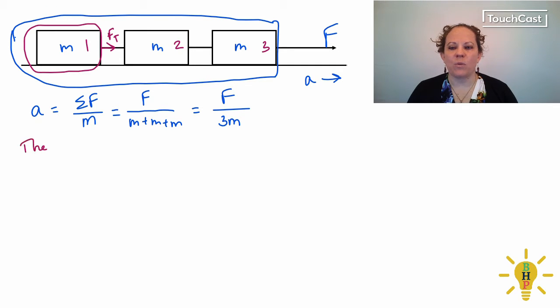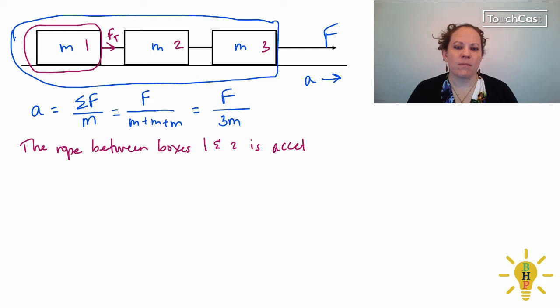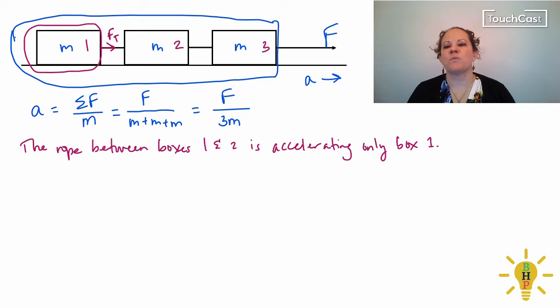So the rope between boxes 1 and 2 is accelerating only box 1.